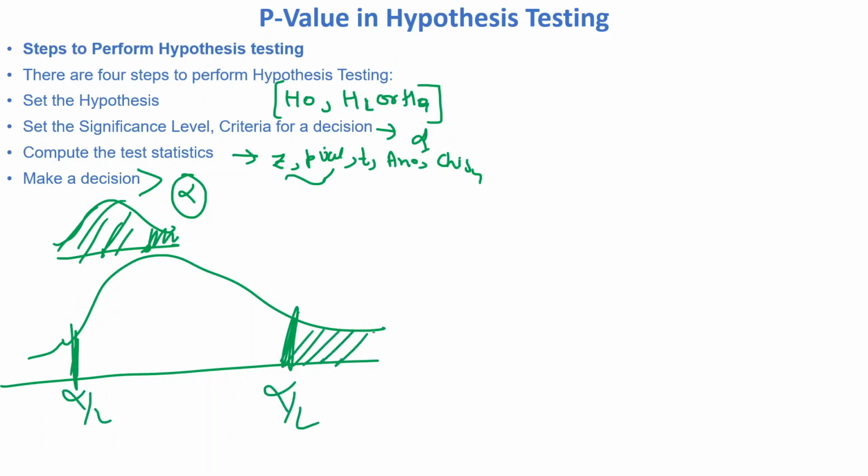It means this is your critical region, and this will also be your critical region. In a two-tail test, if your test statistic falls inside either of these regions, we reject the null hypothesis. If your test statistic falls between them, this is your acceptance region, and we say that we are accepting the null hypothesis.